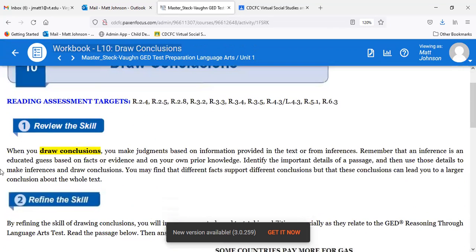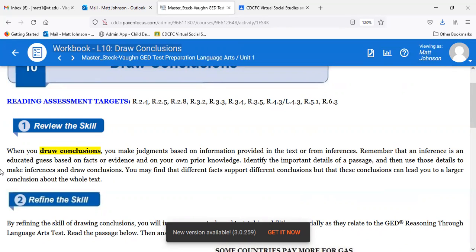So again, making judgment based on information provided in the text or from inferences. So it may not always be explicitly stated, right? You're taking all the information you have available through inferences, through that range of tools, compare and contrast. So remember that an inference is an educated guess based on facts or evidence and on your own prior knowledge.